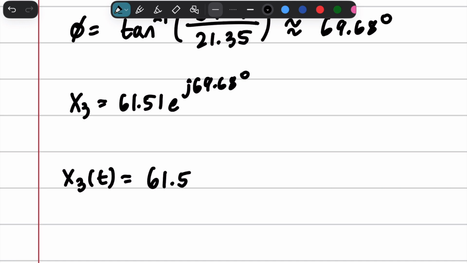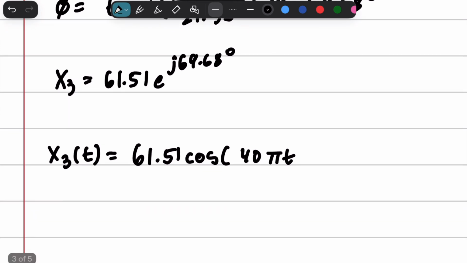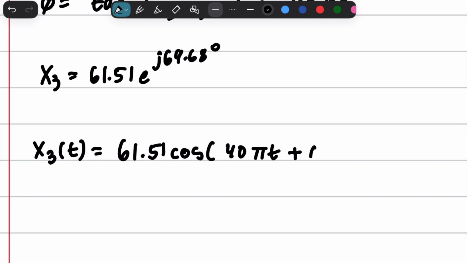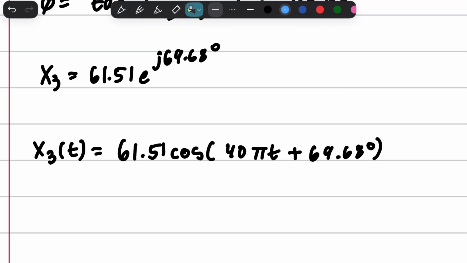So we need to write it in our cosine form, and now we can substitute the frequency that all of these sinusoids are operating at. We now have our amplitude A and phi, and this is the answer.